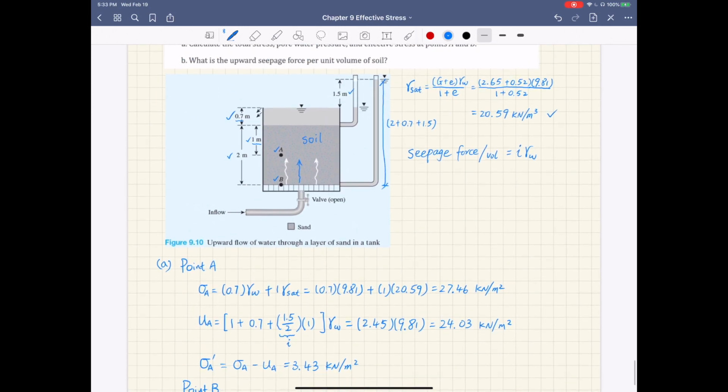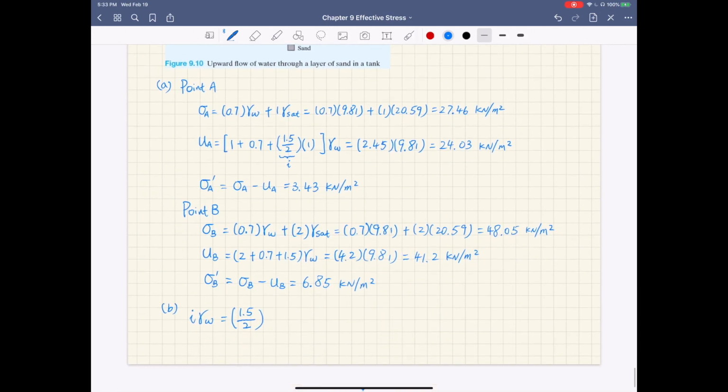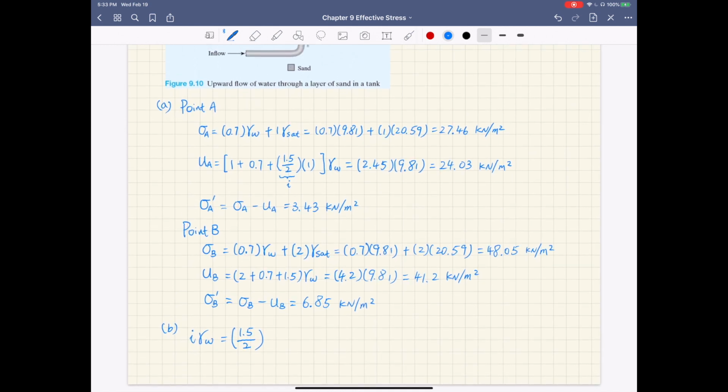So again, this is the total head loss, and this is the total distance. So that's your hydraulic gradient times unit weight of water, 9.81, and that equals 7.36 kilonewton per meter cube.